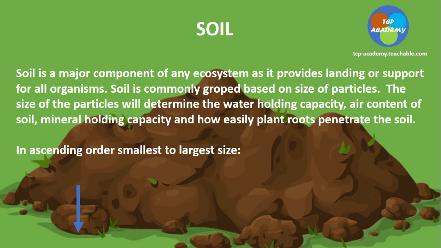In ascending order from smallest to largest, we have clay being the smallest, hence it's able to hold water because the particles are so closely attached because they're really, really small. Next, suitable for agriculture crop production is loam, as the particles are not so close as they were for clay and not as small either.